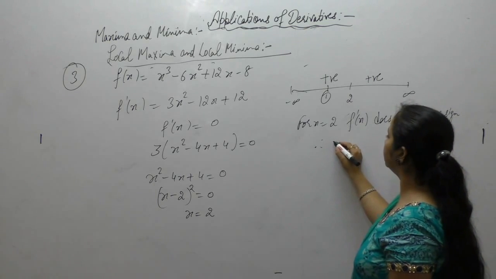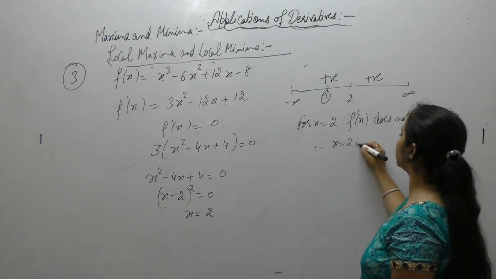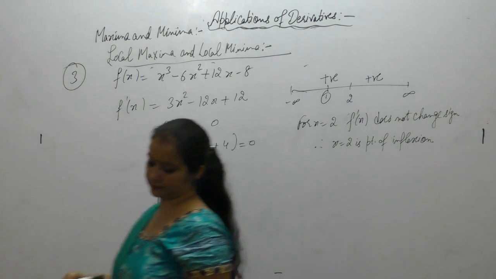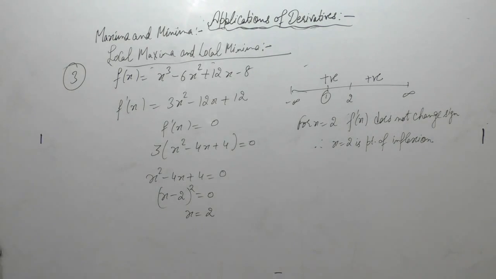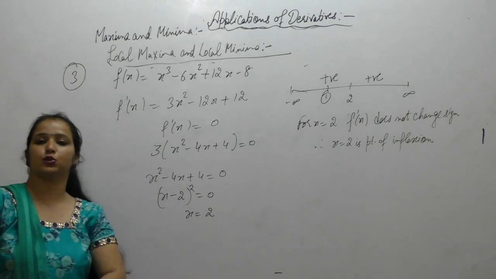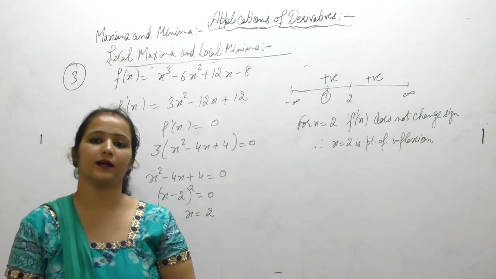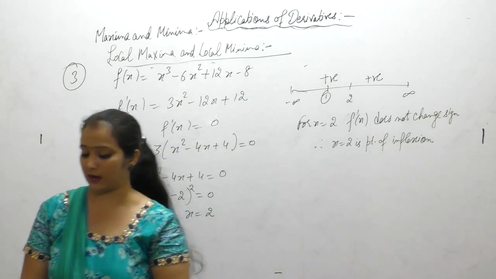Therefore, x equals 2 is a point of inflection. That is, x equals 2 is neither a point of local maxima nor a point of local minima.